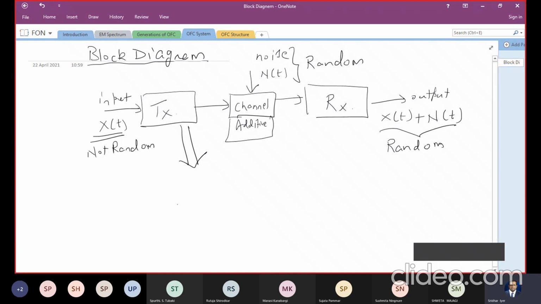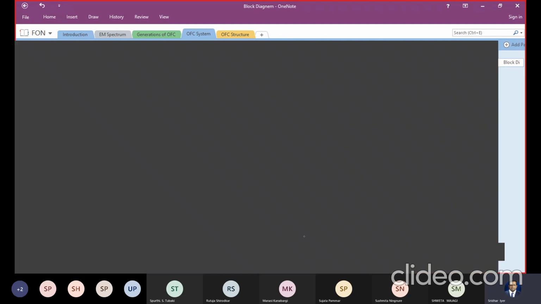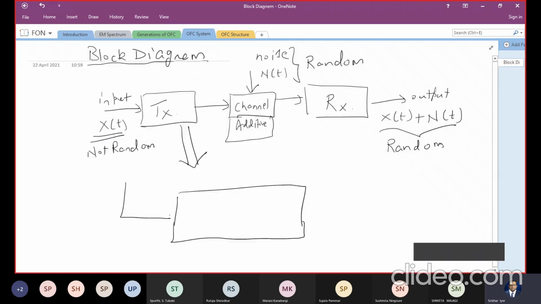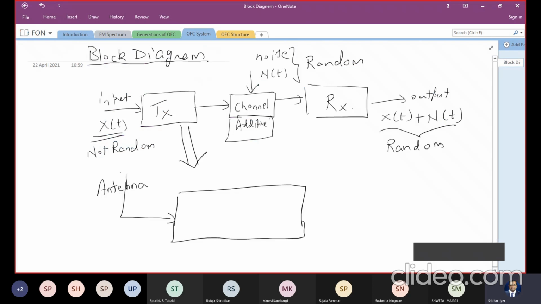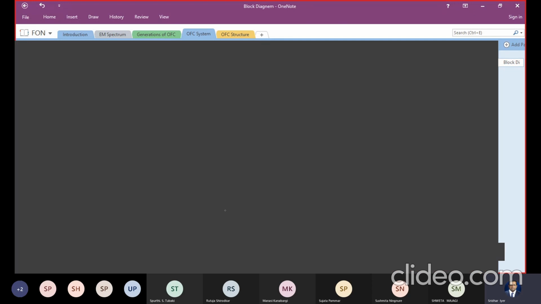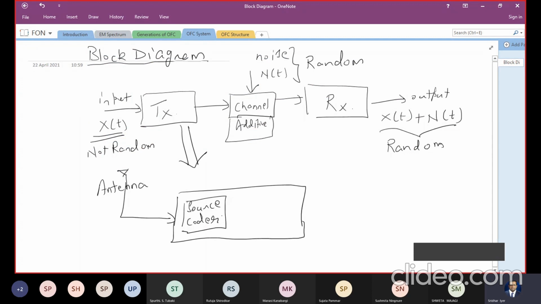So within the transmitter, I should have, usually, an antenna to pick out the signals, right? So you will always have an antenna to pick out the signals. You have what is known as a source coder. This source coder will basically code the signal.